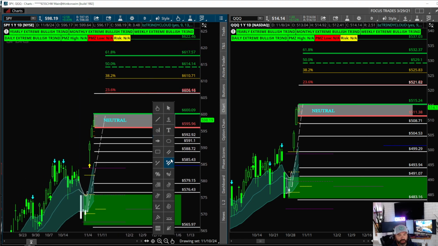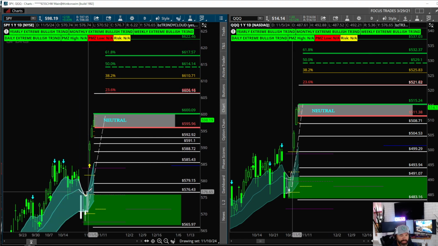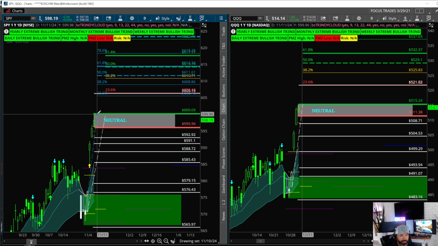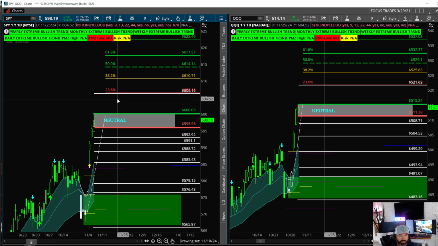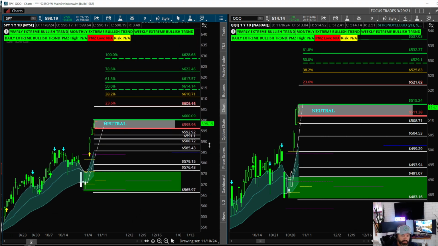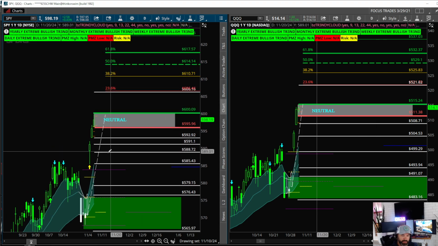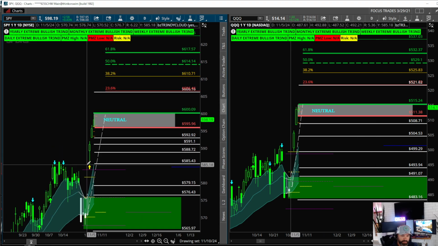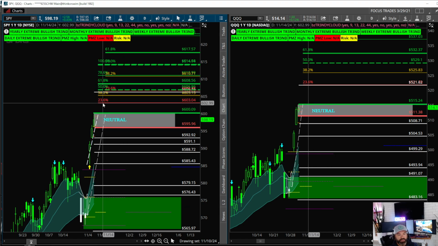All right, so I need to go with a closer target. So I'm going to come to the gap right here where we originally gapped up. I'm going to double click, and that's still close, so I'm going to take that off. When you've been doing this a long time, you just realize when something's too far away. There we go. I'm going to use this guy.